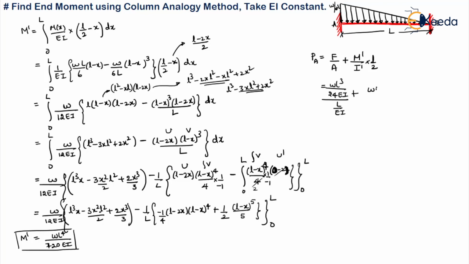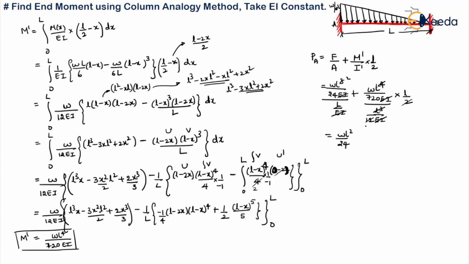How much is this? WL power 4 by 720 EI by I dash, it's L cube by 12 EI into L by 2. EI, 1 L and 1 L here will get cancelled. So it's WL square by 24 here, and EI and EI will get cancelled.